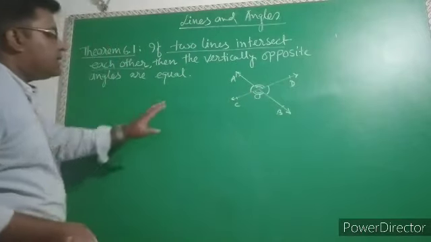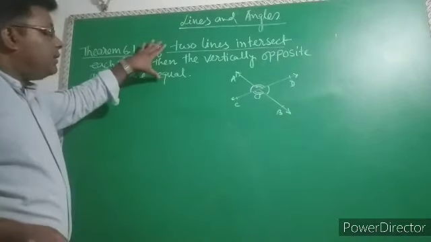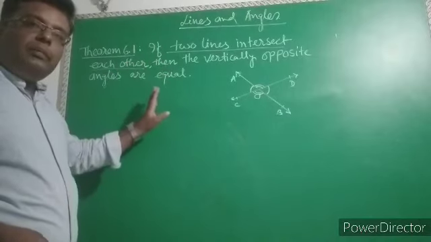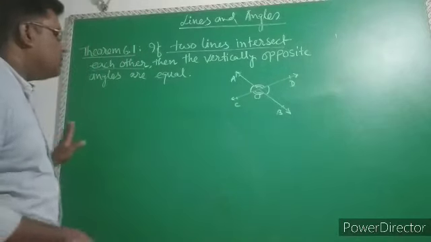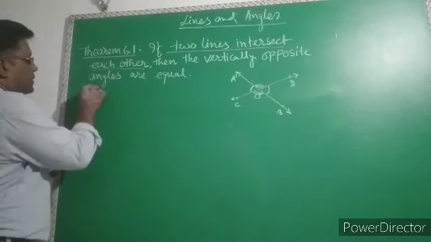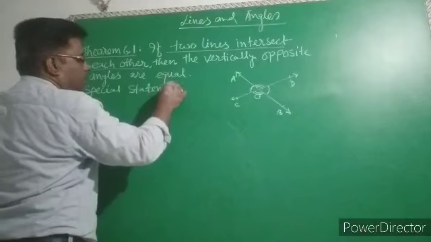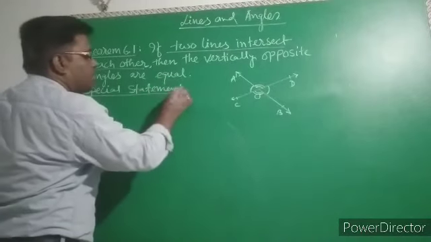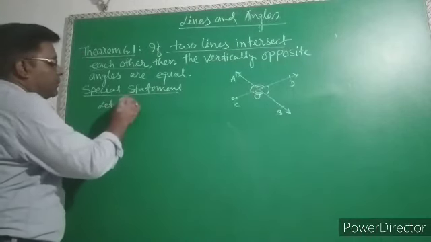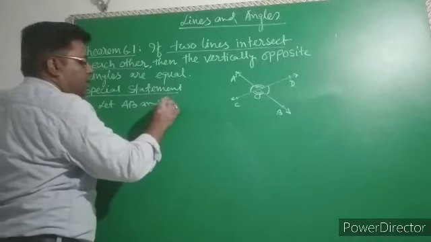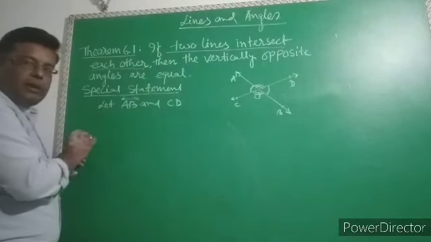Now, since AB and CD are not given in the question, someone may draw PQ and RS or any name. So first we have to write the special statement. First we have to introduce the figure. So let AB and CD, no need to give the line symbol here.